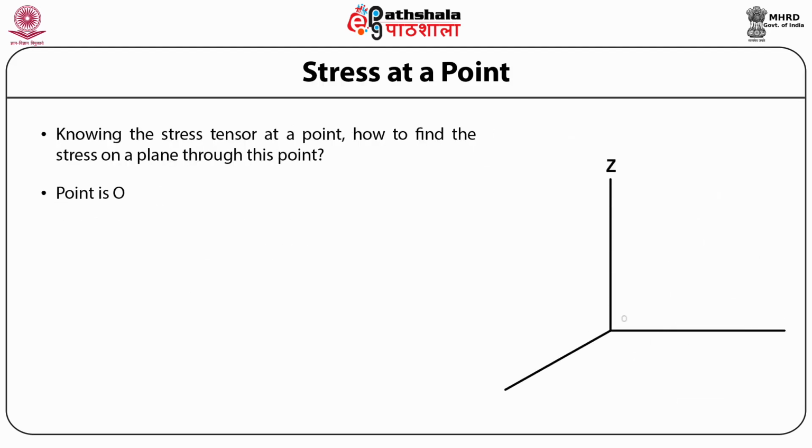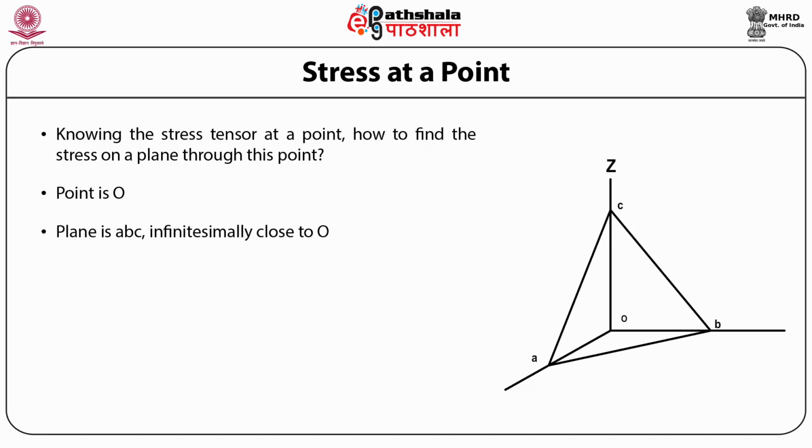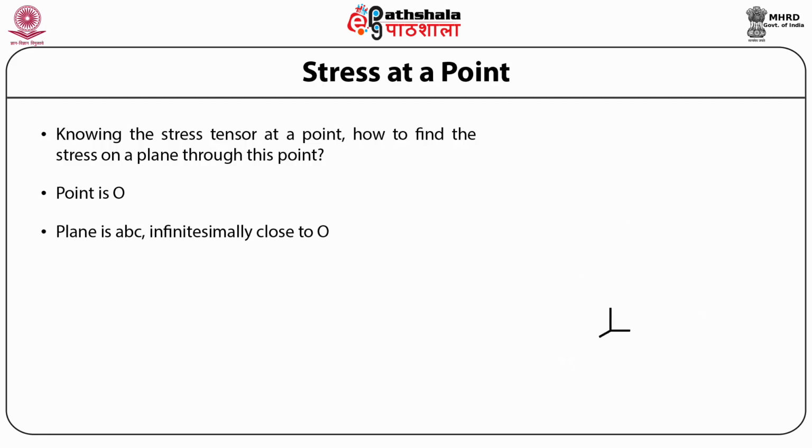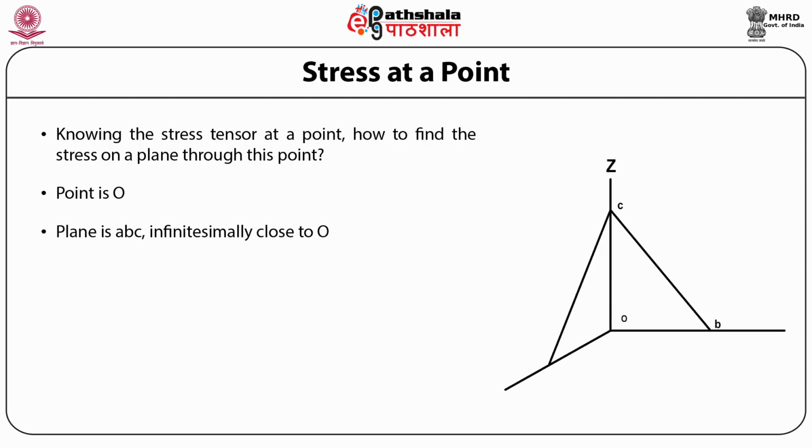Continuing our discussion of stress at a point. To find the stress on any plane passing through the point, knowing these 6 components, let us consider a plane ABC infinitesimally close to the desired point O, which is also a corner of the parallelepiped. Let N1, N2 and N3 be the direction cosines of this plane.